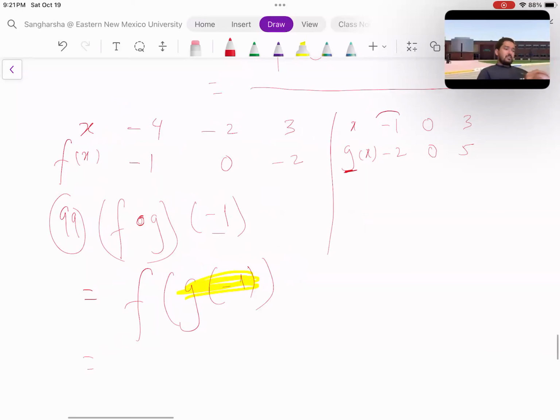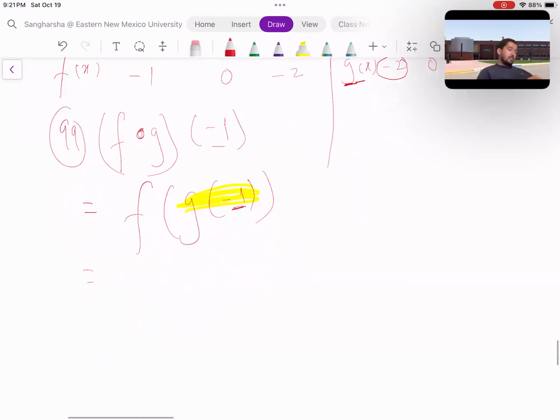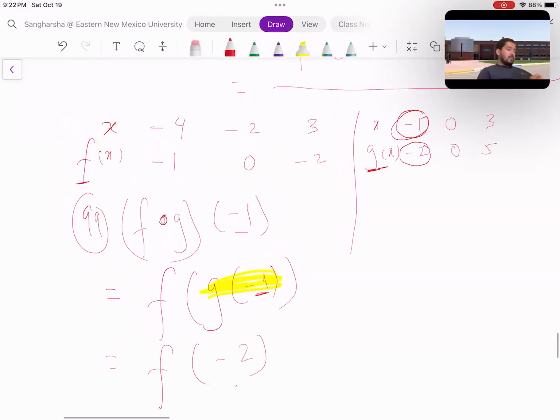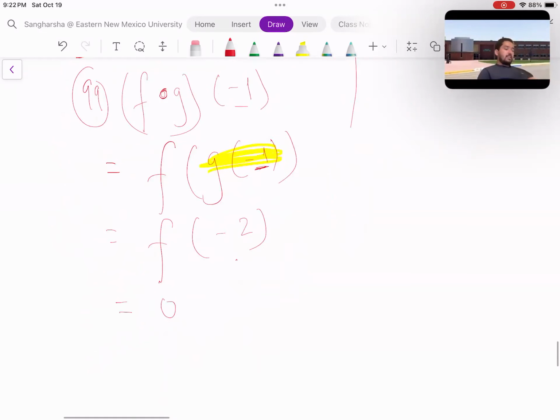So g of -1, when x is -1, g of -1 is -2. So you substitute -2, f as it is, -2. Now you find f of -2. You have this table. So when x is -2, f of -2 is 0, and 0 is the final answer.